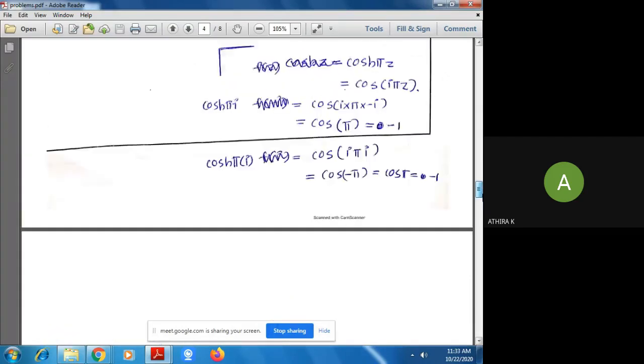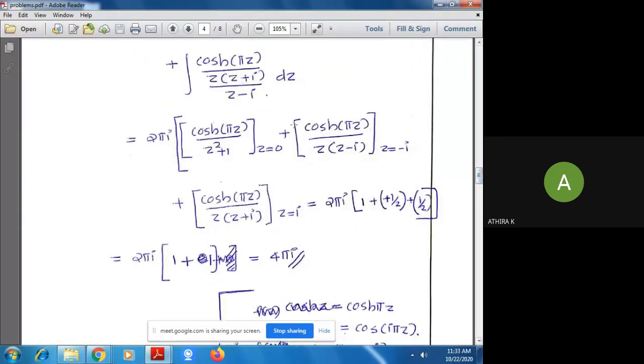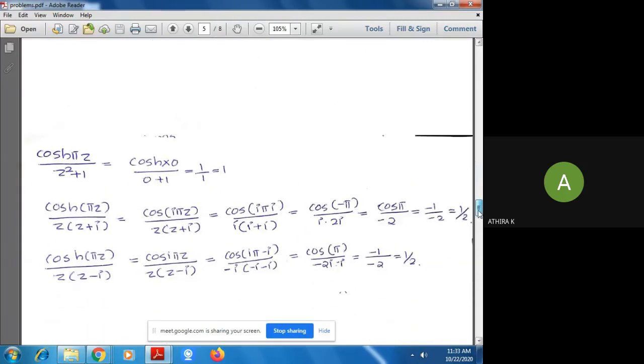Similarly, our next integral, here f(z) is equal to cosh(πz) divided by z(z − i). Here the singularity is z is equal to minus i. So we substitute z is equal to minus i in our equation. That is cosh(πz) divided by z(z + i) is equal to cos(iπz) divided by z(z + i). Here this is a result: cos(iz) is equal to cosh(z).